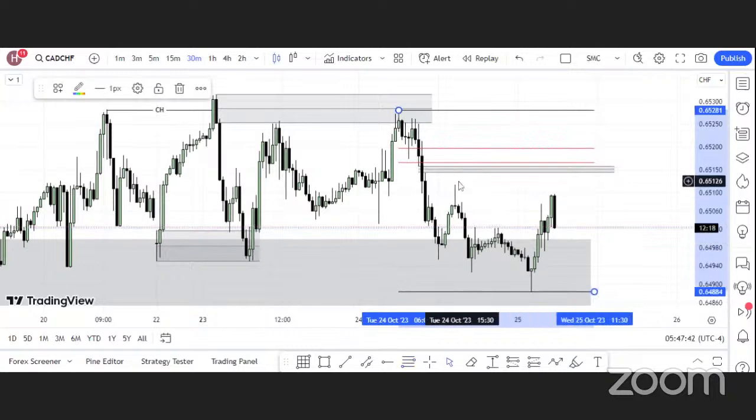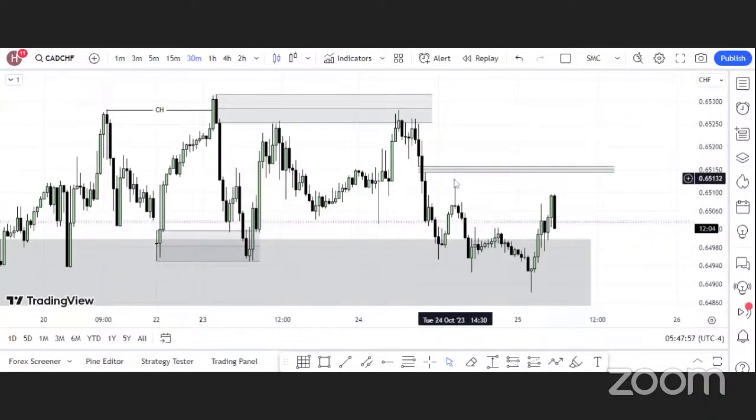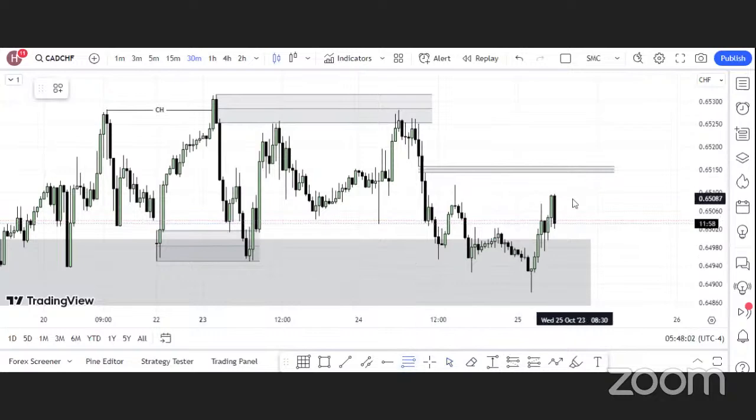So we have fair value gap, and our Fibonacci is pointing out our order block area. But right now, aside from this high, we also have these highs because they broke structure here. So this is a valid high, and that is why I think the market is actually making this move right now, because we have a valid high here.